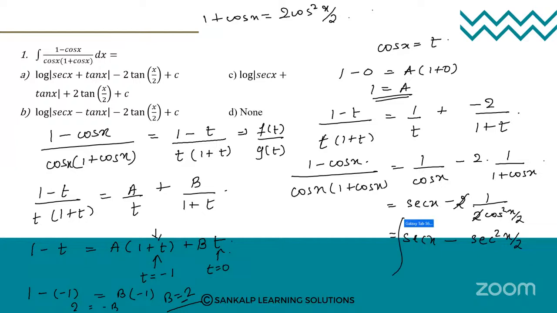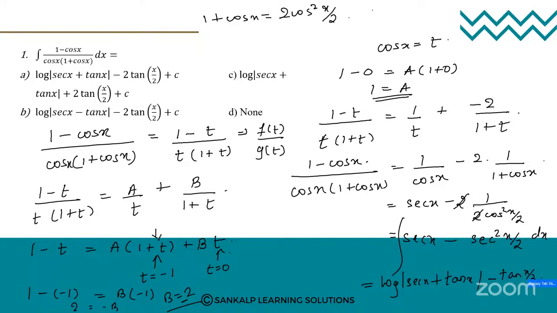So now you take integration on both sides. Secant x we directly know. What is the integral of secant x? Log of sec x plus tan x, minus, what is the integral of secant square x? Tan x, correct? So this is tan x.